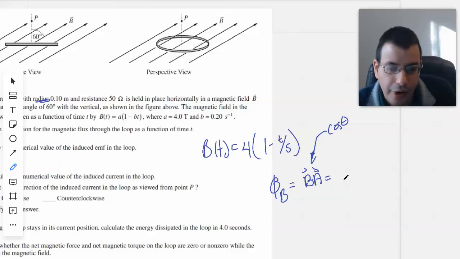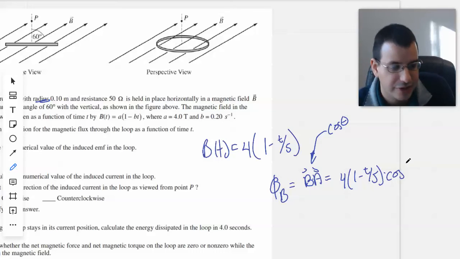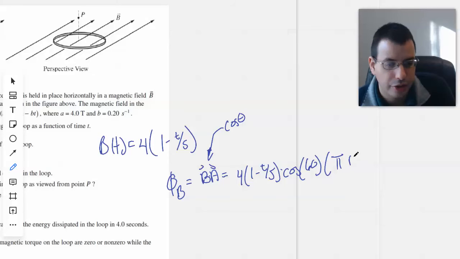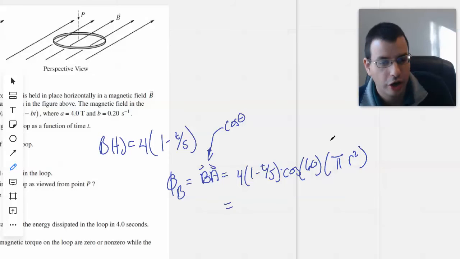There we go. So we'd have 4 times 1 minus t over 5 times cosine of 60 times the area, which is pi r squared, where we know that r is 0.1, which is 1/10.